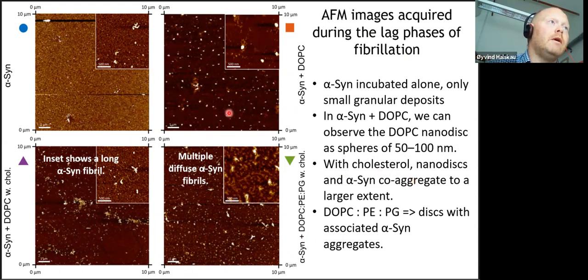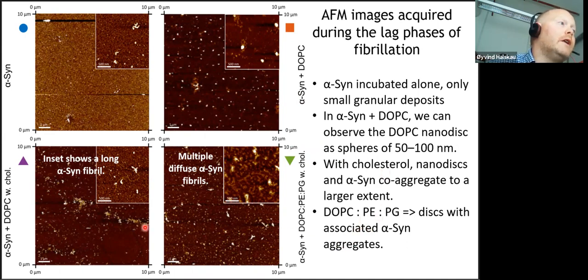Now the same situation, but in the presence of nanodiscs, we see the nanodiscs. These are the clear white spherical entities here. We see less of this background, but of course there is some, but much less. And we see some kind of aggregation that seems to be associated with the discs.